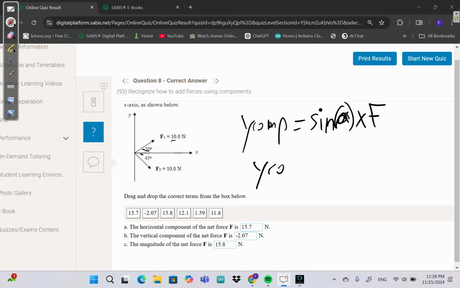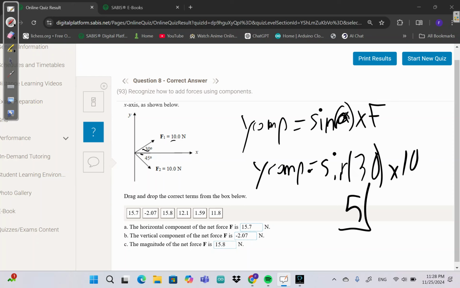So the y component is equal to sine 30 times 10. If we do this on the calculator, sine of 30 times 10 is equal to 5.